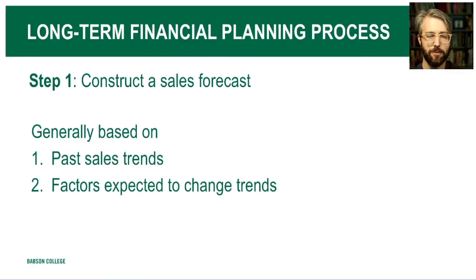And then typically we would adjust those past sales trends based on factors related to the strategic plan that would lead us to expect that the firm could, over the planning horizon, grow sales either faster or slower than it has historically. Obviously, this is going to be more challenging for firms that are new or startups, where past sales trends are less likely to be indicative of what will happen in the future.